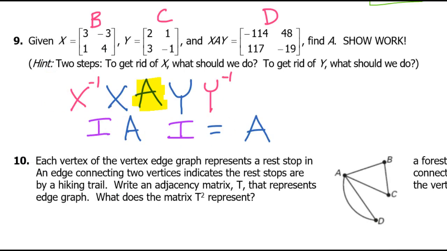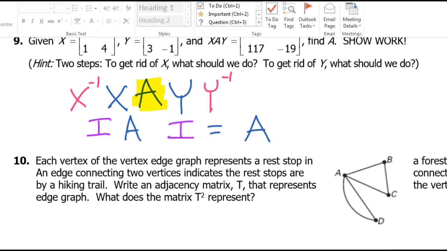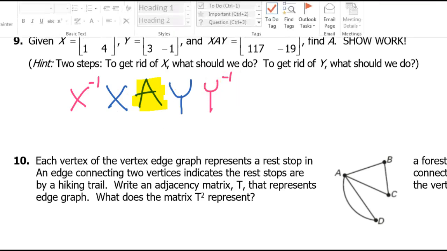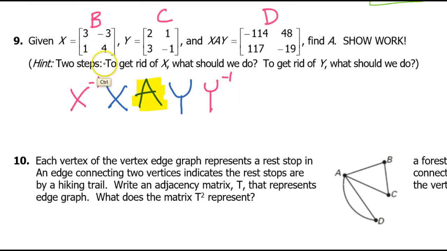Okay, so I decided that what I wanted to do was x inverse times XAY times y inverse. But I made some substitutions because my calculator doesn't have x's and y's. So instead of x inverse, as far as my calculator goes, it looks like I'm using matrix B. So that means I need to do B inverse instead.